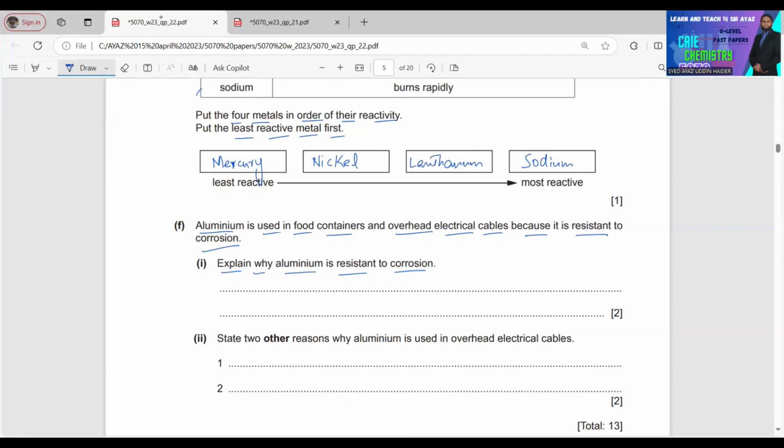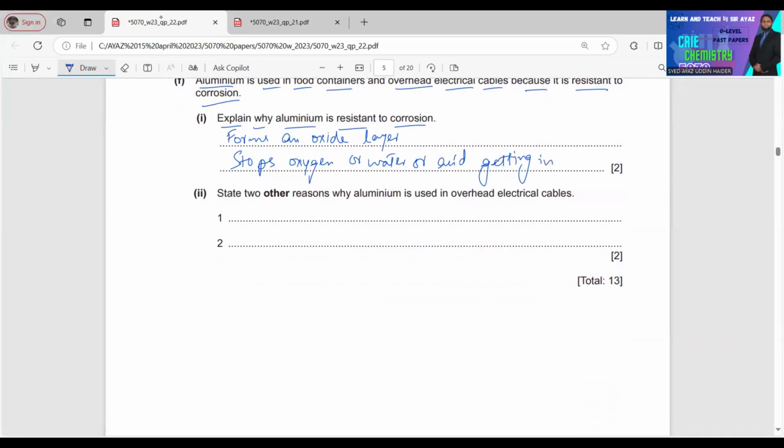So I will write: forms an oxide layer, stops oxygen or water, or even acid getting in. That layer is protecting aluminium from further reaction.